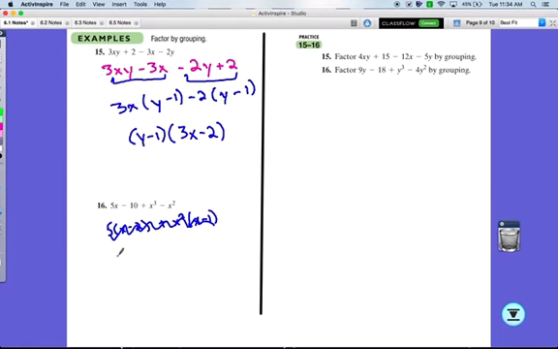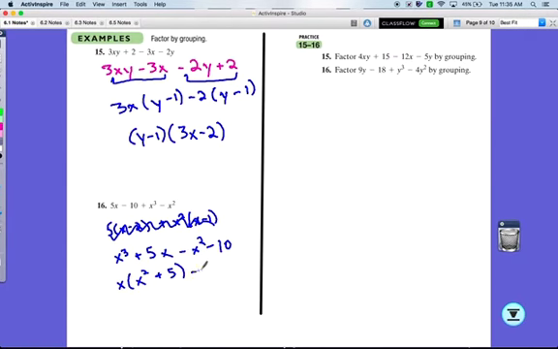Okay, I can try, I don't know, the 10 and the x cubed really don't have anything in common. So the only pairing up I can do is x cubed with the 5x, and then maybe the minus x squared with the minus 10. If I factor x out of the first one, that leaves me with x squared plus 5.